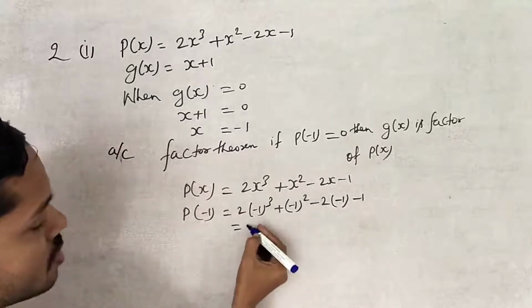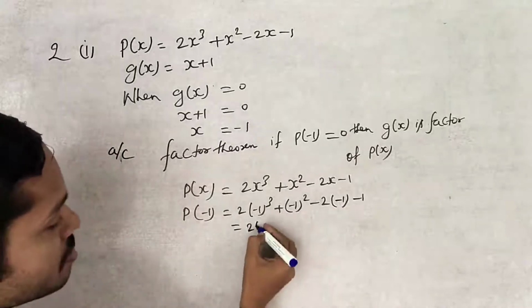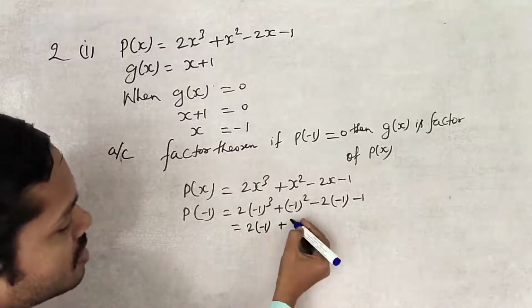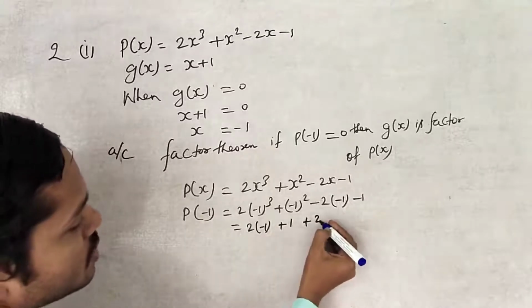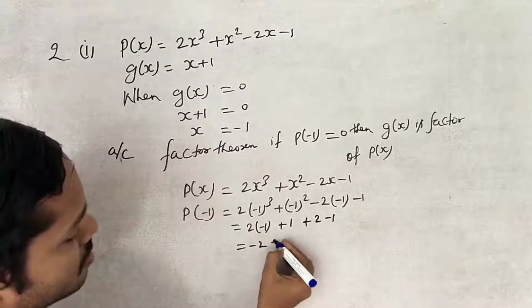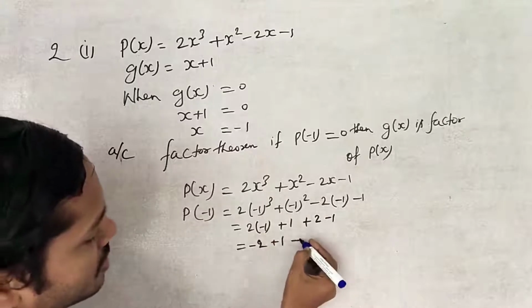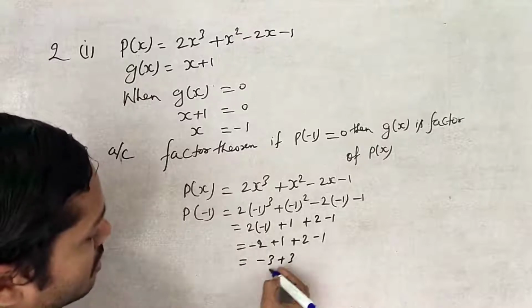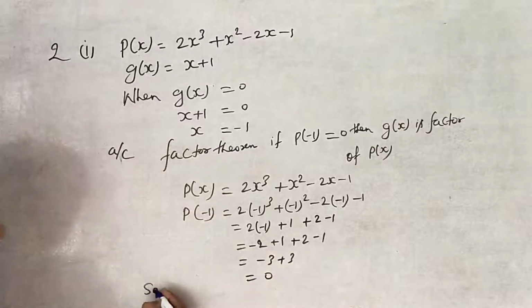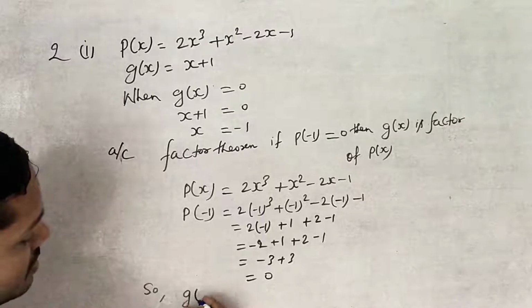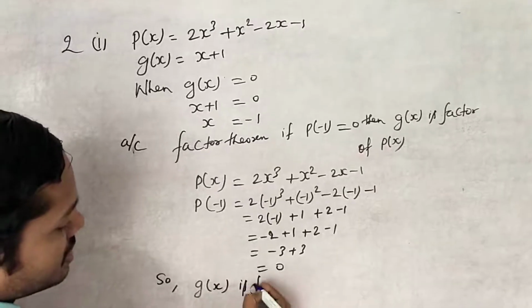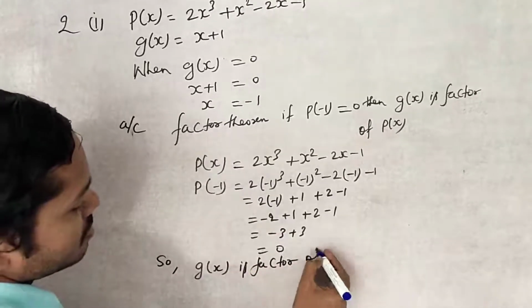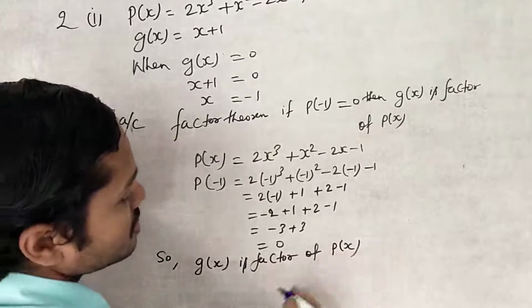So that is minus 2 plus 1 plus 2 minus 1, how much? 0. So g(x) is a factor of p(x).